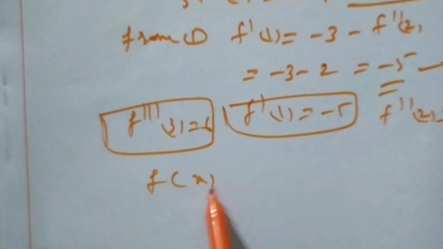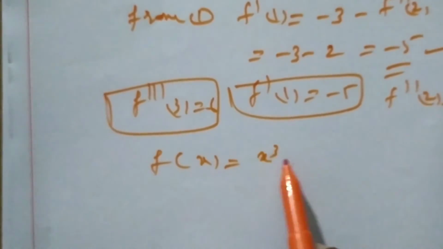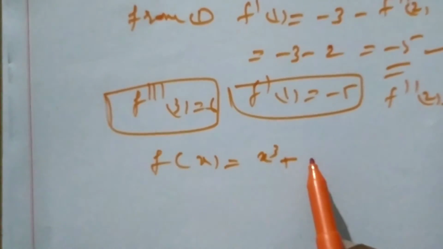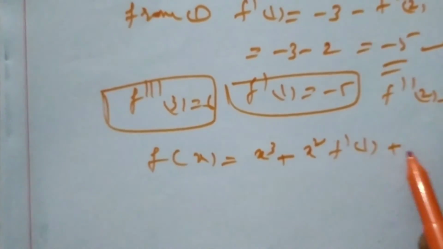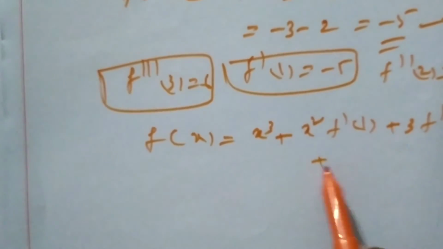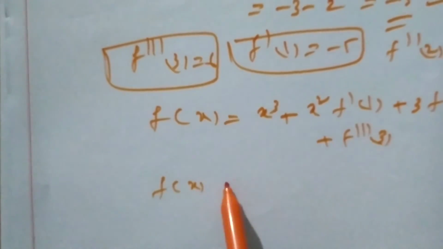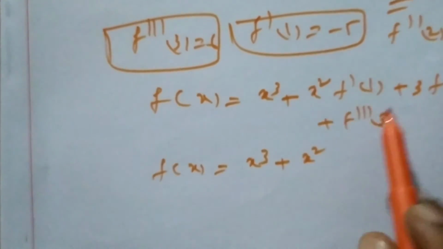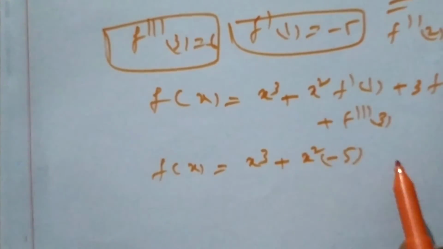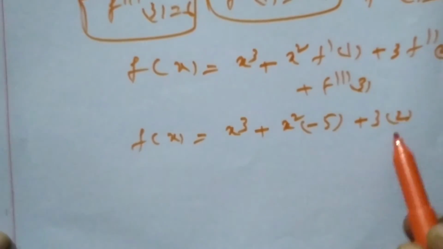Therefore f(x), the already given function, is x³ + x² f'(1) + x f''(2) + f'''(3). Substituting, we get f(x) = x³ + x²(-5) + x(2) + 6.